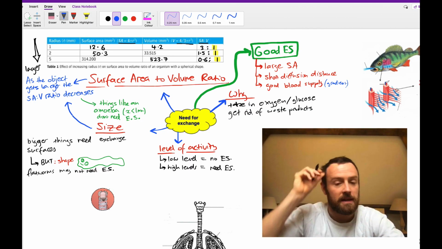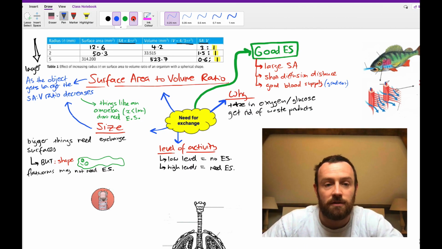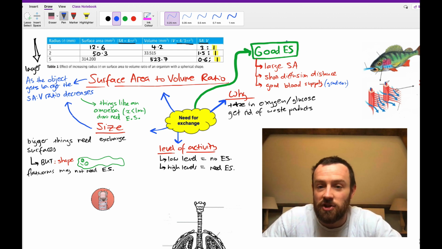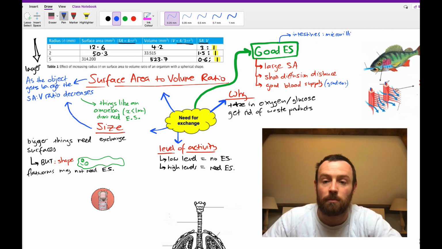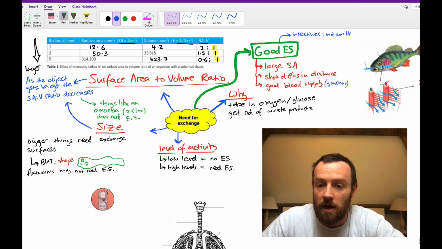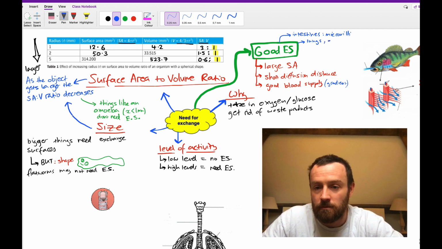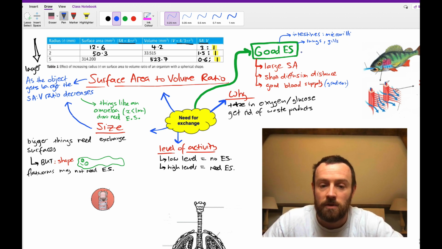Okay, before we get into the lungs, I thought we should write down just a few examples of these exchange surfaces, just so you're aware. Okay, we've got the intestines. We've got the microvilli in the small intestine, which have high surface area, short diffusion distance, and good blood supply. We've got the lungs, of course, which we're going to look at in detail. We've also got the gills, which are going to be over here, and the insect trachea system.